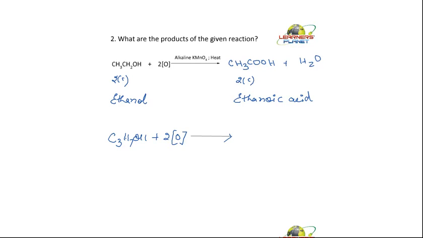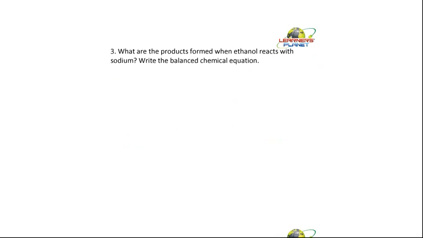This propanol will be converted to propanoic acid, that is C2H5COOH and water. Right? So any alcohol, when treated with potassium permanganate alkaline or potassium dichromate, what it forms is an acid. Now let's take up our next question.